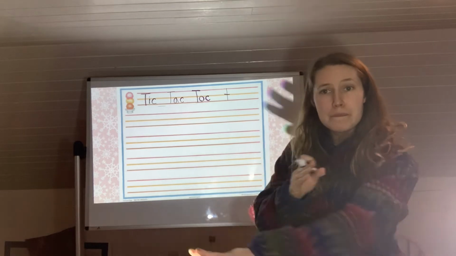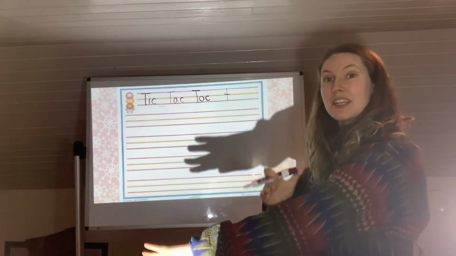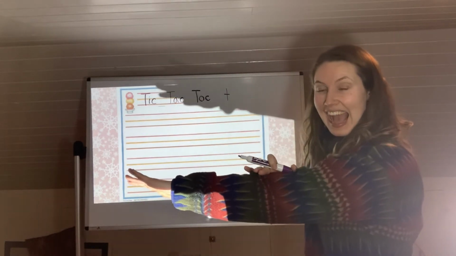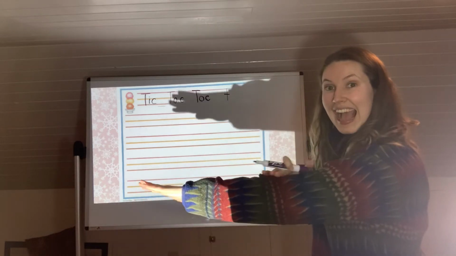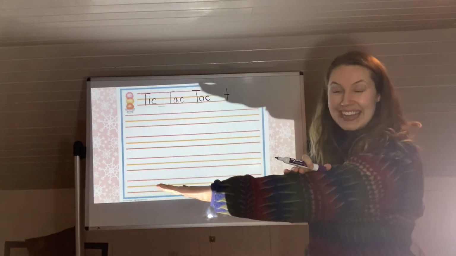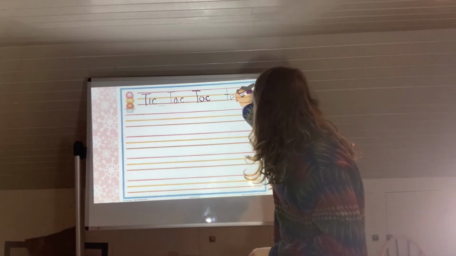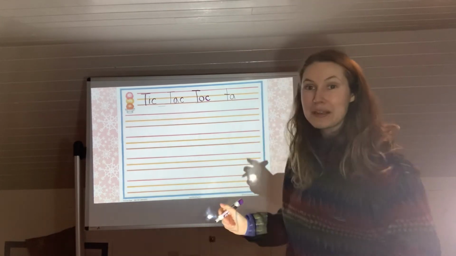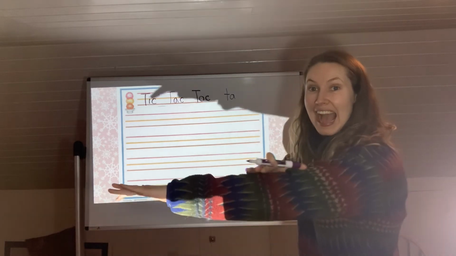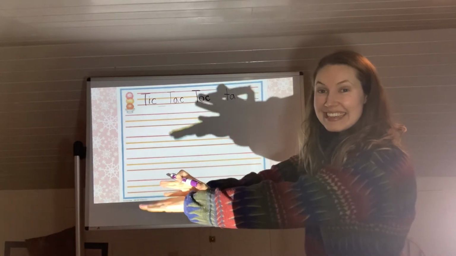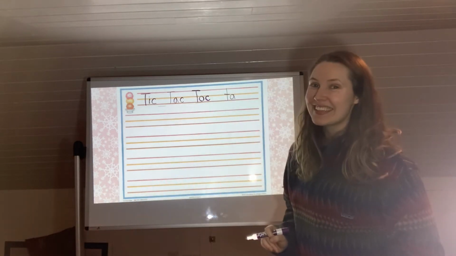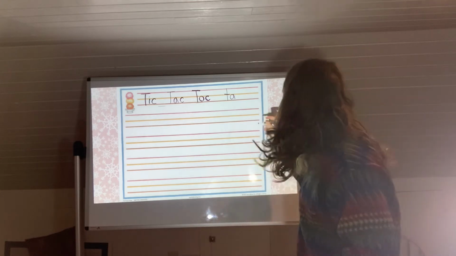Now, what's my middle sound, my medial sound? T, a, g. It's letter A. Very good. T, a. And now we need that ending sound, tag, g. What's that sound? That's right, it's letter G.